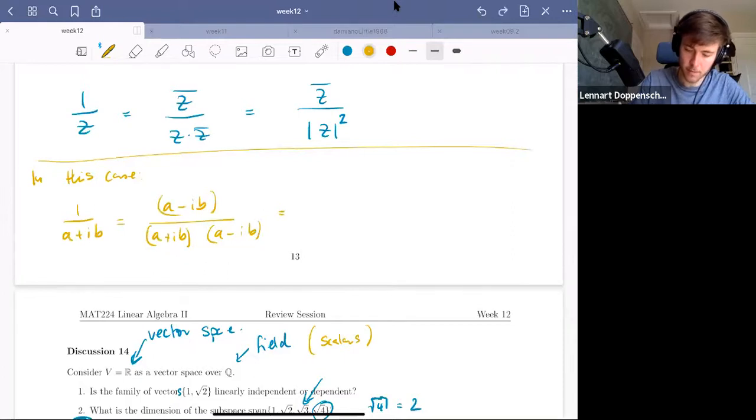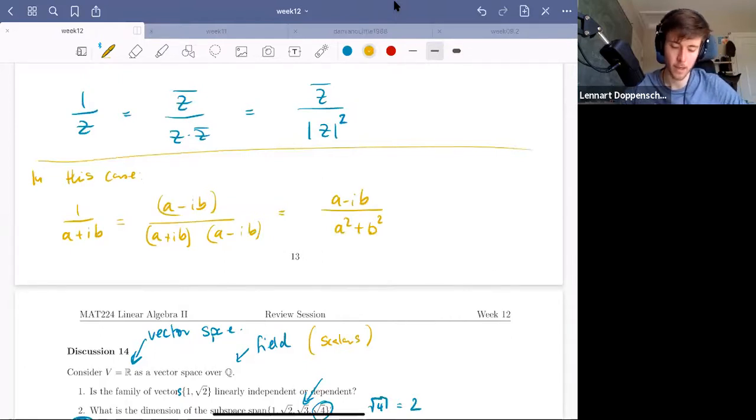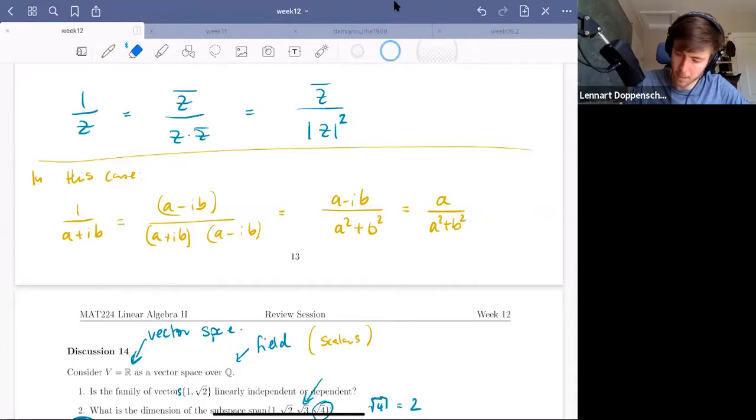The denominator is now a squared plus b squared, and the numerator is a minus ib. And then we can just divide this fraction into a over a squared plus b squared minus i times b over a squared plus b squared.